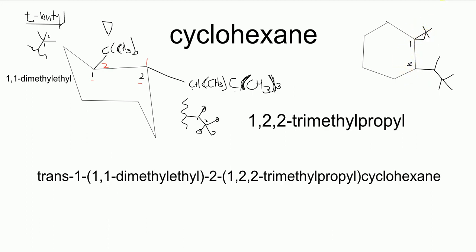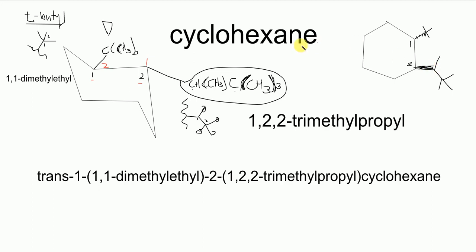Or you could also just draw it like this, put the actual dashes to the first carbon. That means that this one's also equatorial, so this is going to be a dark wedge. To make them both the same thing, I have to make this a dark wedge, colored in.